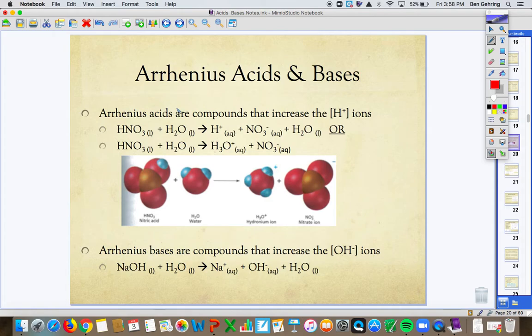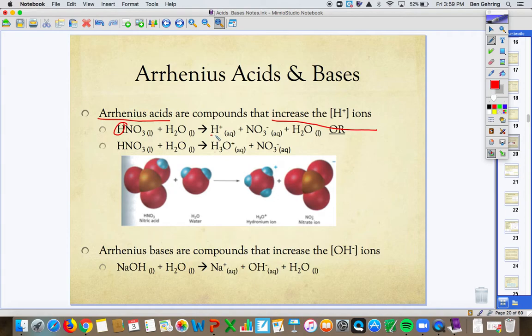So if it's an Arrhenius acid, Arrhenius was a former scientist who classified acids as something that increases the hydrogen ion concentration. So for example, HNO3, nitric acid, is added to water, and this hydrogen is going to come off of the nitric acid and bond to water.